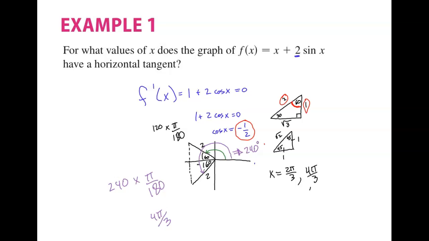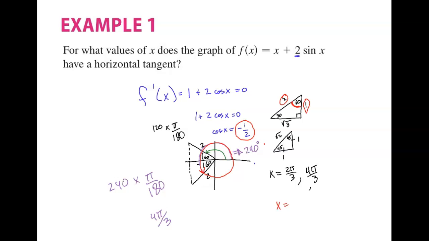Because any coterminal angle, so if I went all the way back around, so I added another 2 pi to that, right? That would also be a solution for both of these. So I'm going to create an answer by establishing a pattern.